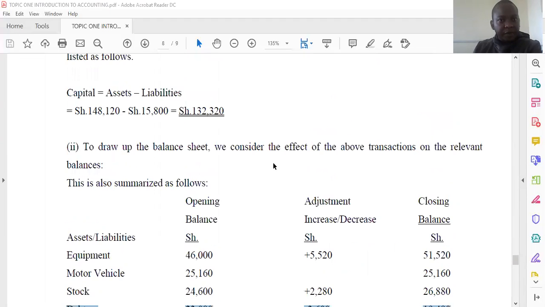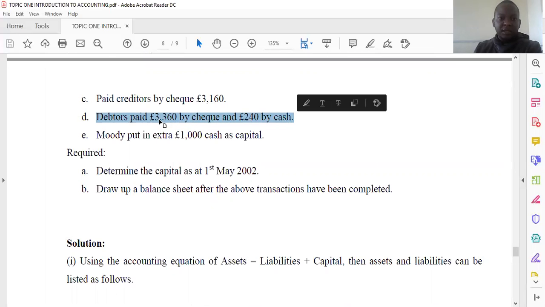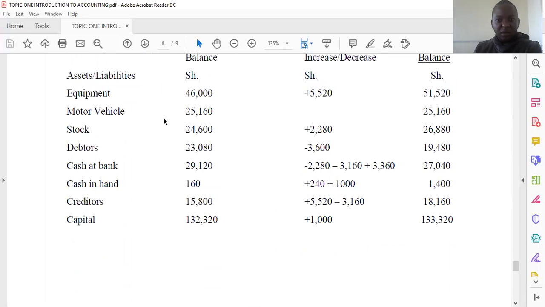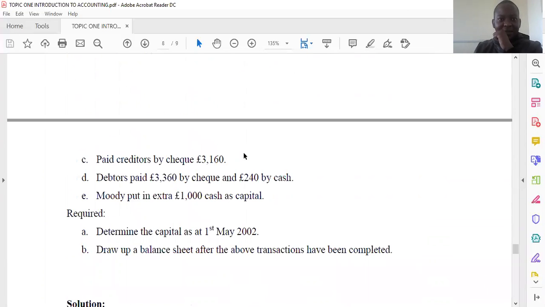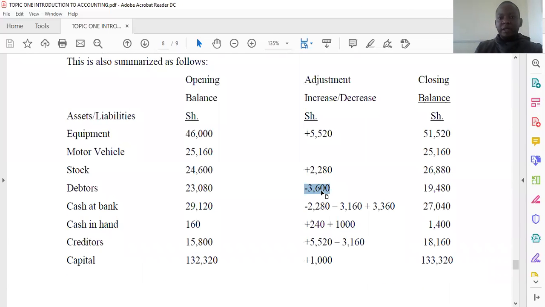So the dual effect here, debtors paid the 3600 by check and 240 by cash. So when they pay, they decrease. Oh, so that 3600 is a total of 3360 plus 240. My bad. Anyway, it took me long to know where the problem was. Anyway, but that is correct. So this 3600 should have been split into that 3360, and then we should have also seen minus 240 here.